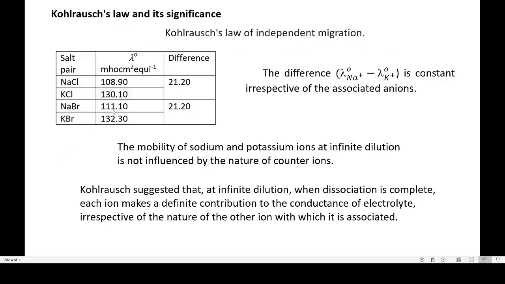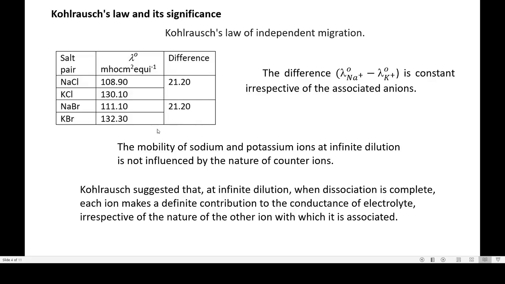Kohlrausch observed that the molar conductance at infinite dilution for the salt pairs like sodium chloride and potassium chloride, in which the anion is common, and sodium bromide and potassium bromide, here also the anion is common, the difference between the ionic conductance of sodium ion and potassium ion is found to be constant. In both the pairs it is constant irrespective of the associated anions.